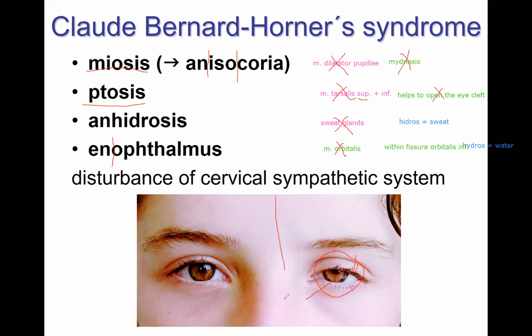We do not see that this part of the face is dry, anhidrosis, but we can see the lowered lid. We can see the miosis, so the anisocoria, different width of the pupil. So please, do you understand the symptoms of this syndrome? No questions? It seems everything is clear.